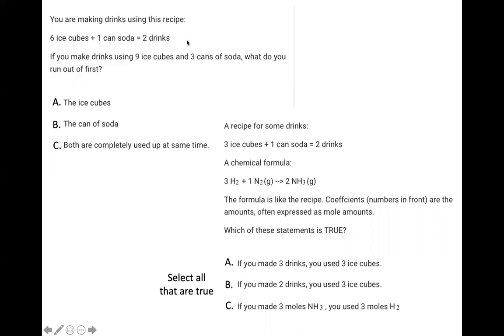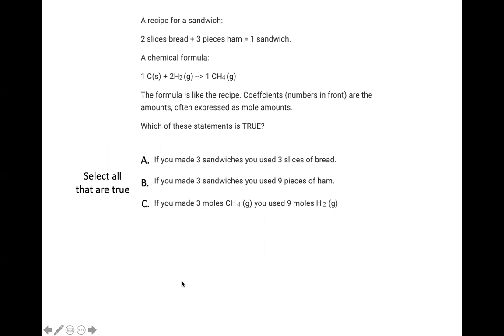I got one more within the set, this one. So this is another combination. There's both a recipe and there's a chemical equation. It's another scenario where I'd like you to select all of them that are true.